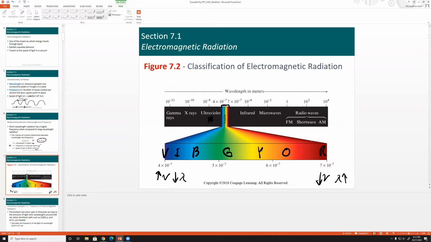And going the other way, if you go to a lower frequency or a higher wavelength from red, you get infrared. That's why they named them like that, because of where they occur. And if you go towards higher frequency, you get to X-rays and gamma rays.